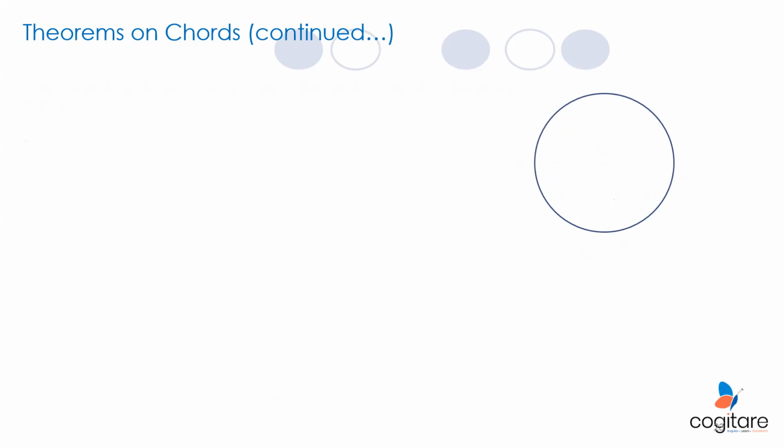So let's move on. Now, we looked at equal chords and the angles that they subtend. Now, let's look at equal chords, AB and CD, and let's see what happens to the distance from the center to the chord, right?